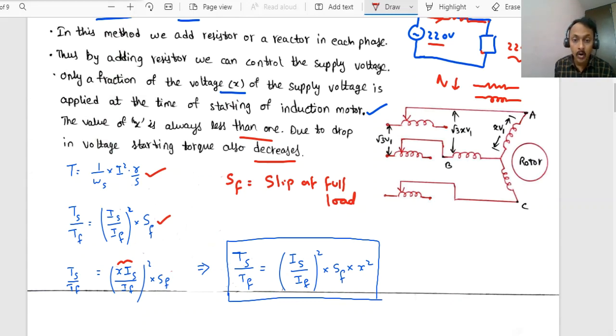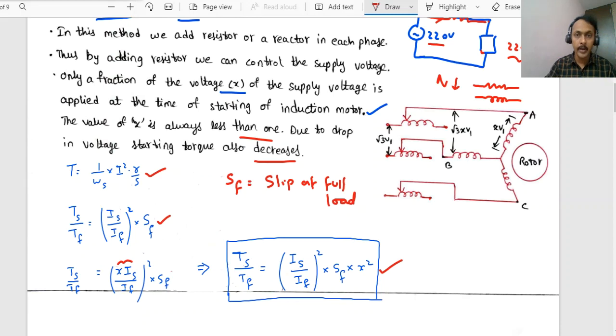So TS by TF, the starting torque by full load torque, will now be equal to IS by IF whole square into SF into X square. As this value of X is less than 1, the amount of starting torque has been reduced, right?